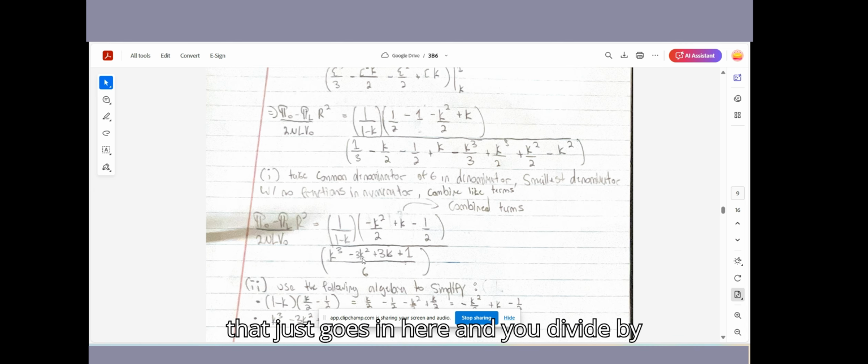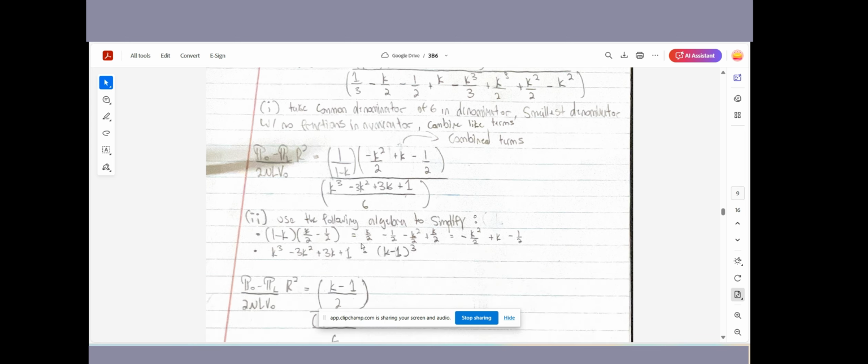So that just goes in here, and you divide by 6, and it just makes things easier. So you can simplify this algebra, and this algebra here too.